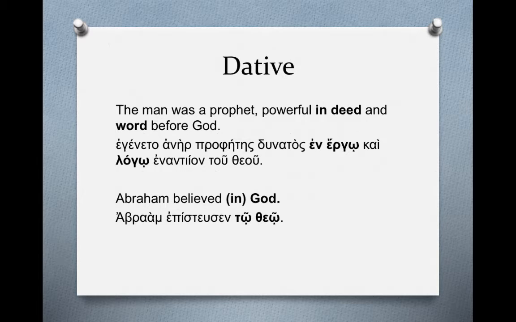Certain verbs in Greek prefer to take the direct object in the dative case. So Abraham believed God, or Abraham believed in God, if we want to include that prepositional idea, which is often, again, inherent in the dative case. Tho theo, so it's from theos. In this case, it includes the article. Abraham believed God or in God. Either one of those translations would be good.